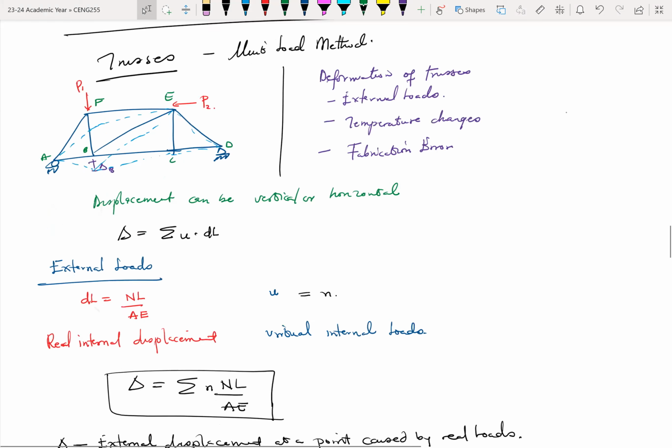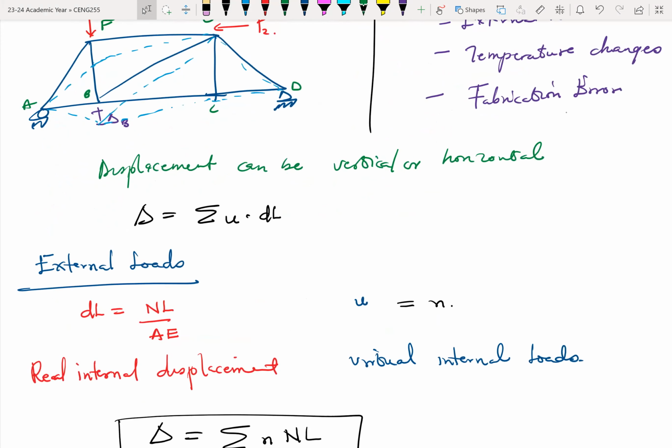Okay, so we took the general equation, which is delta is equal to the summation of UdL, where delta is the real displacement at a point, U is the virtual forces in the members, and dL has to do with the internal real displacement.